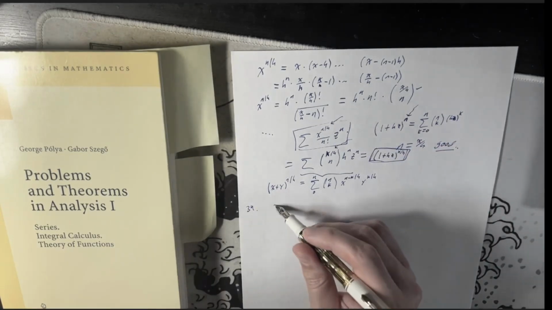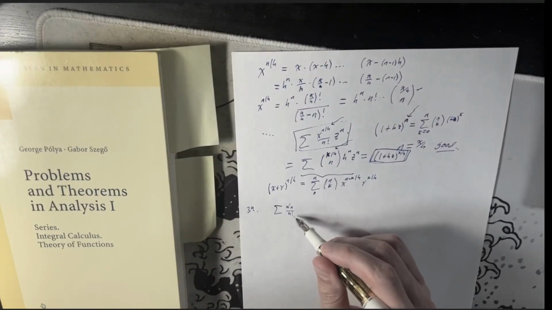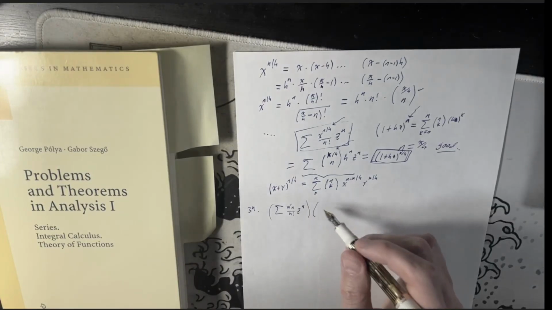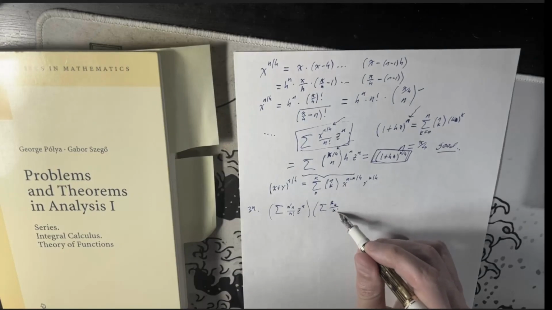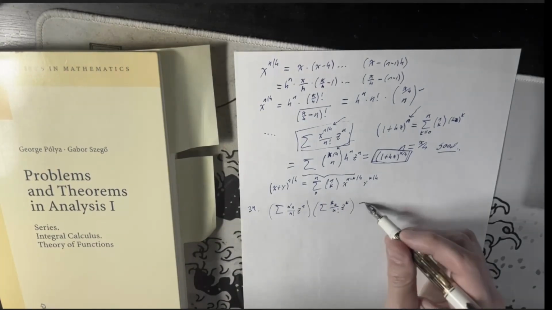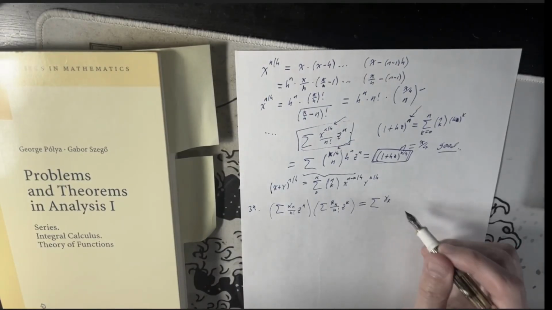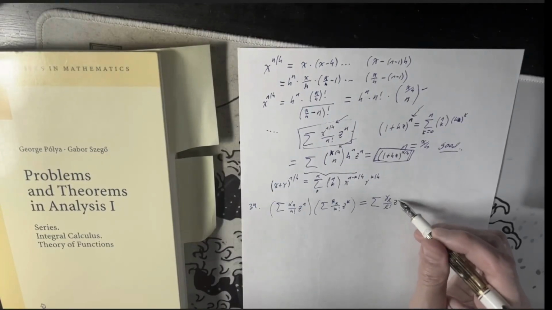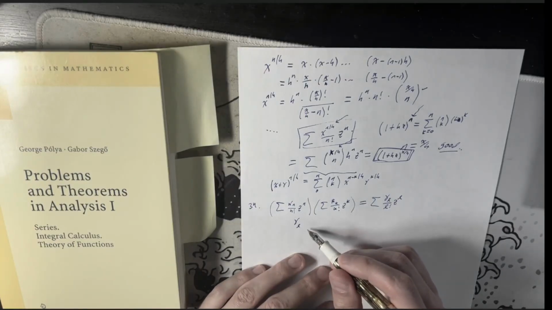34 is the one that just says if you had alpha n over n factorial z to the n times beta k over k factorial z to the k, and when you look at this answer, say gamma l over l factorial z to the l, then you have a formula for this.